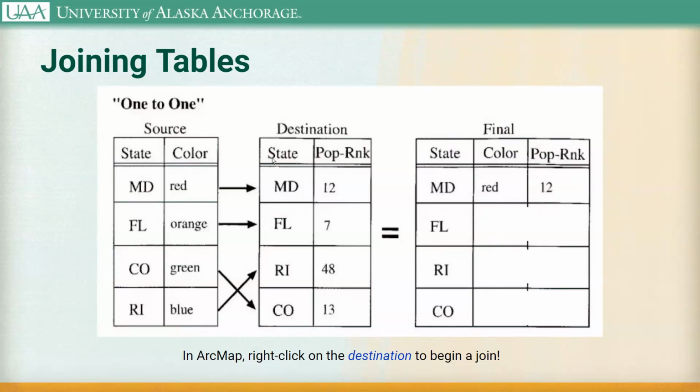So this is what we call a one-to-one relationship. We have the same number of entries in both of our tables, and we end up with a relationship. So it's fairly straightforward to see Florida orange juice is population rank number 7. There's not a lot of question about how that relationship is going to happen.